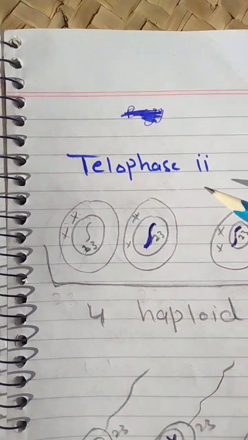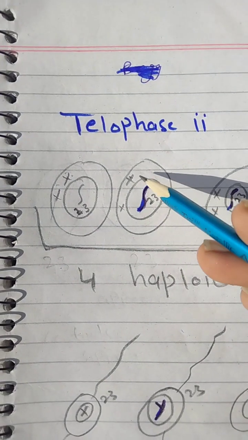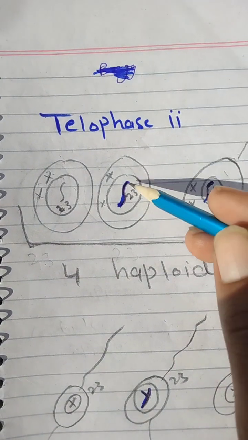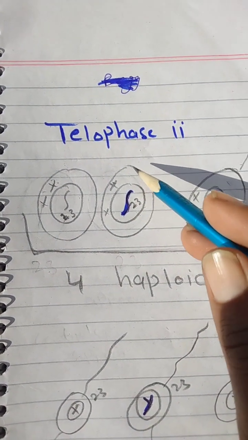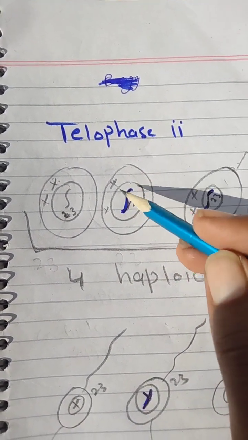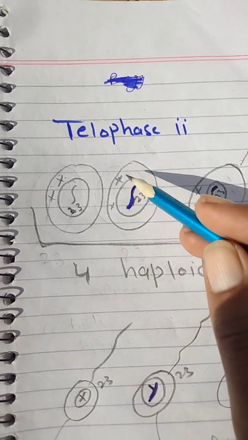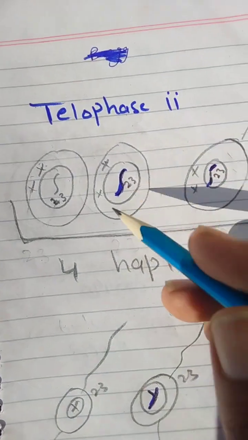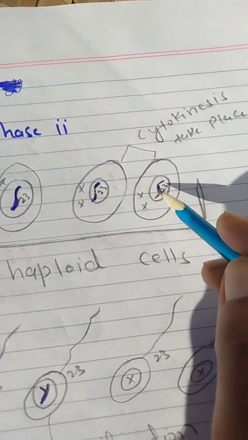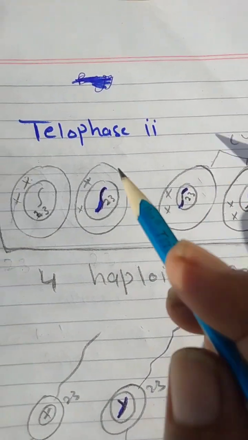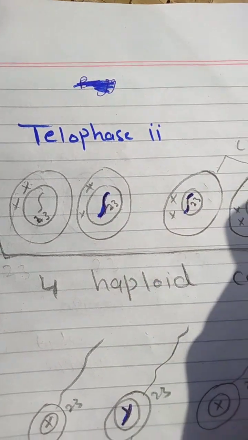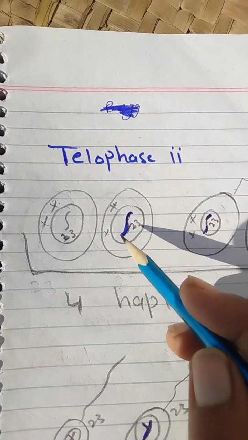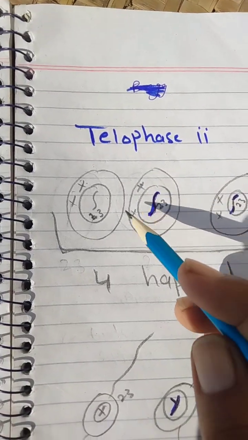In telophase 2, the complete division of the cytoplasm takes place. One cell divides into two and the other cell divides into two. This process is called cytokinesis, the division of the cell.